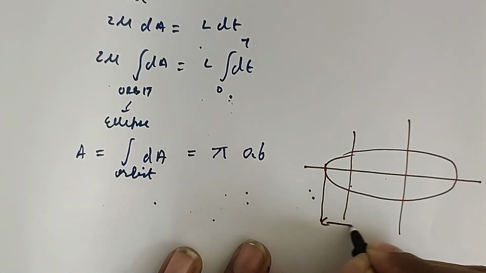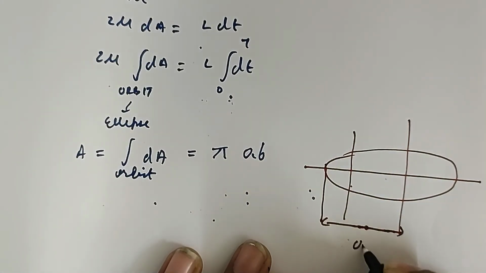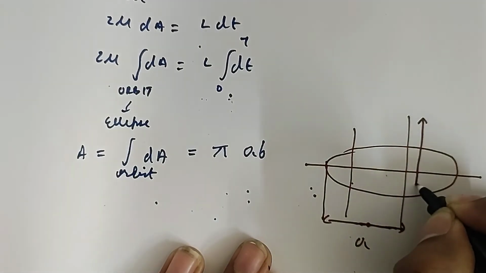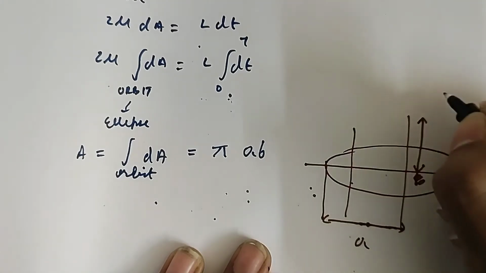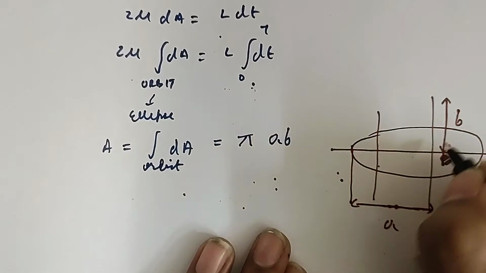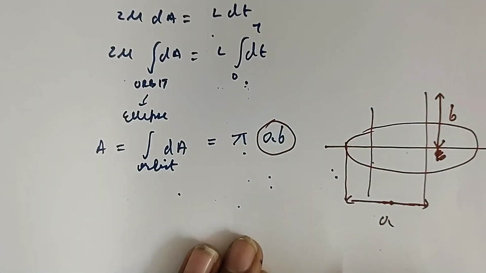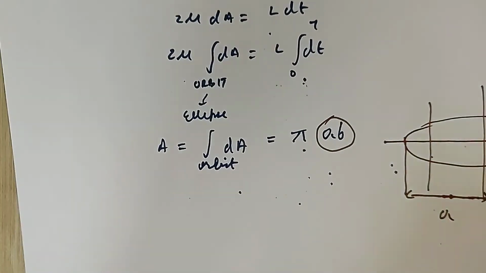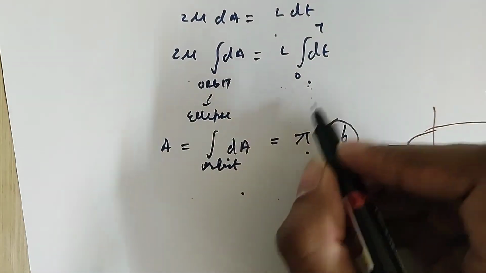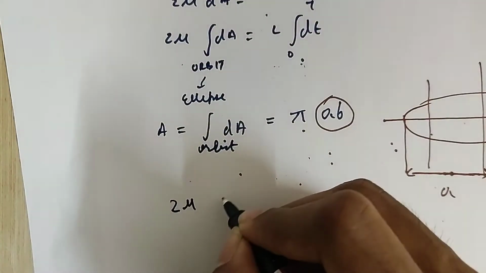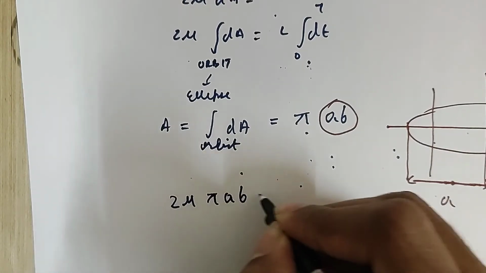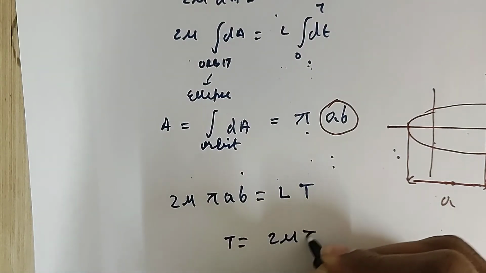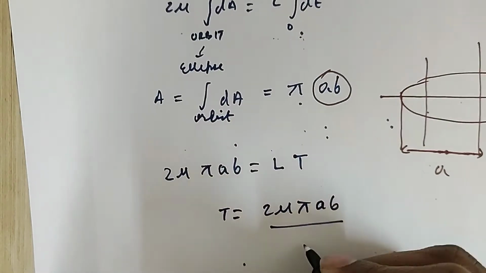The distance from here to here is my a, and similarly the distance from here to here is my b. Thus, pi times the product AB will give me the area of my ellipse. So I integrate it to get 2 mu pi AB is equal to L T. That means I have T is equal to 2 mu pi AB upon L.